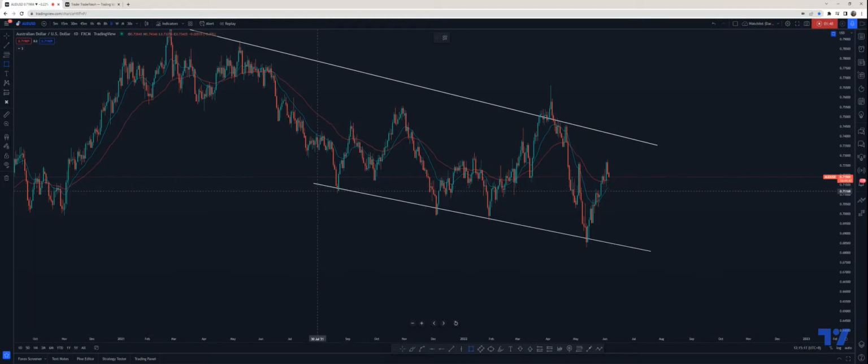When we're looking at SNR, we are always looking at major SNR levels. We are not looking at those really minor ones, for example, something like this. These are really minor, something like this. Any SNR level out of nowhere, especially if it's in between a range, we are not going to pay too much attention to it.